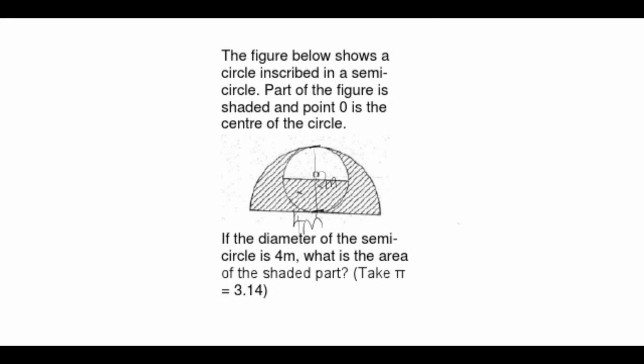The radius of the semicircle is the diameter of the inscribed circle. So this means that the radius of the inscribed circle will be 1. So from here up to here we have 1, from here up to here we have 1, 1 meter each.